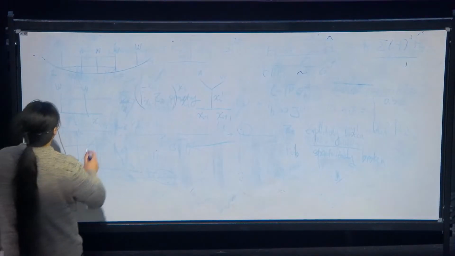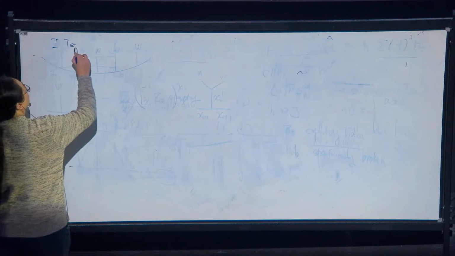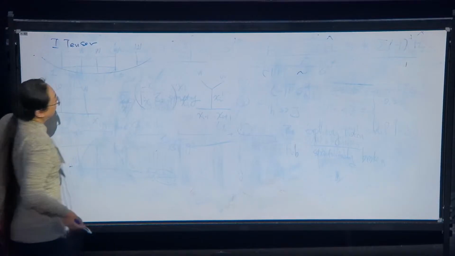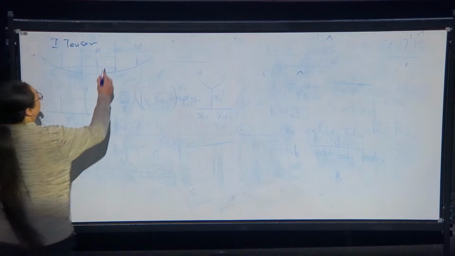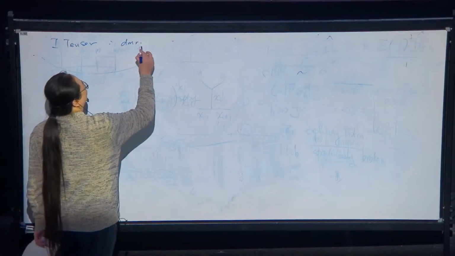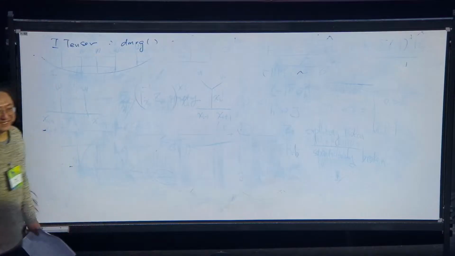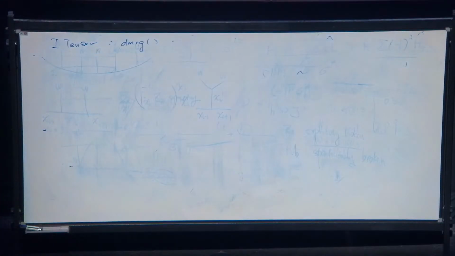First, there's a package called iTensor. It's to do tensor contraction and so on. In iTensor, there's a function called DMRG, so you can just call it, and you would be able to do the calculation.